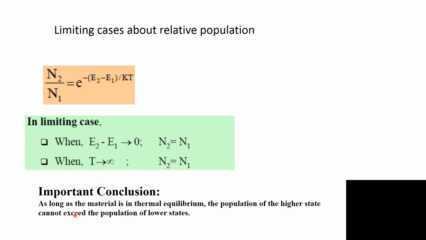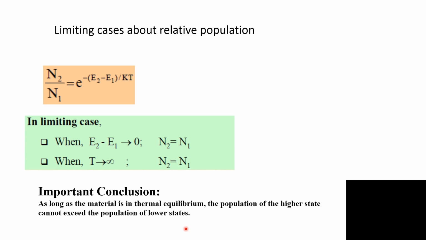The conclusion is that as long as the material is in thermal equilibrium, the population of the higher energy state cannot exceed the population of the lower energy state. At room temperature and a little above room temperature, the population of the upper energy state can never exceed it. But to get a laser, we need a high population at the upper energy level, and we call it population inversion.